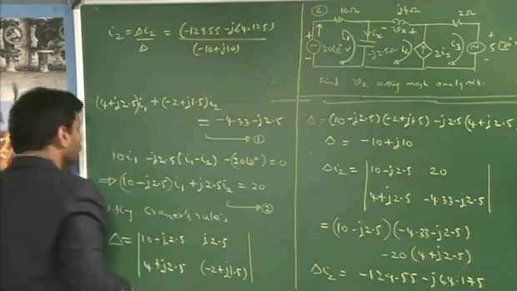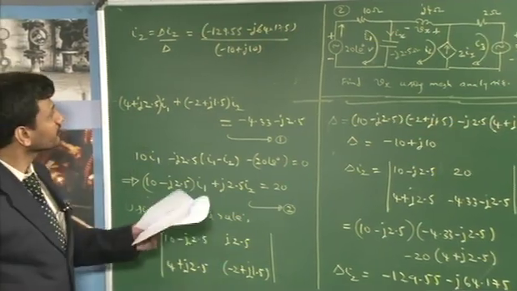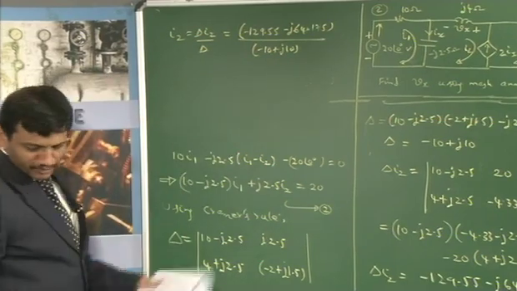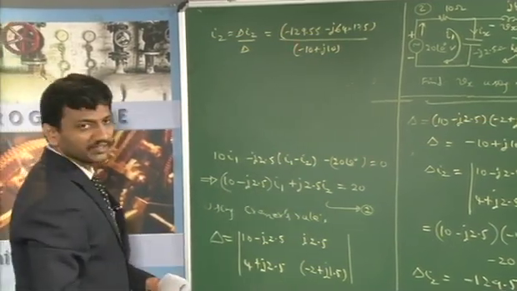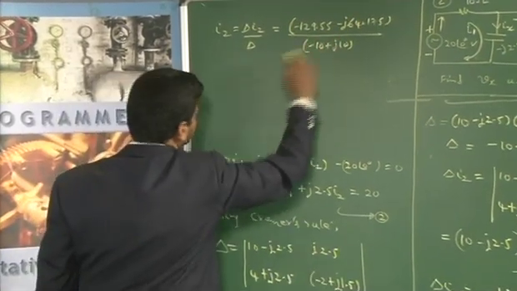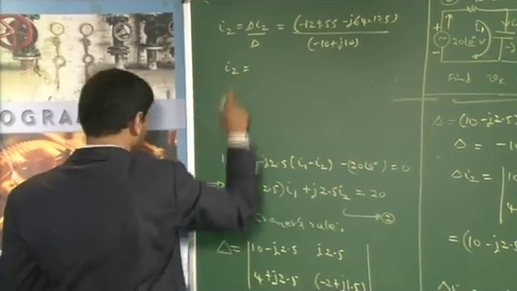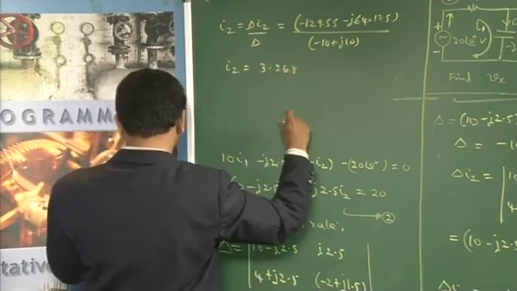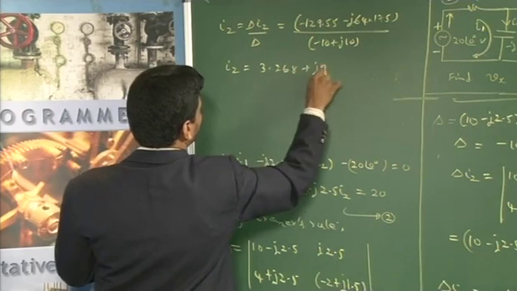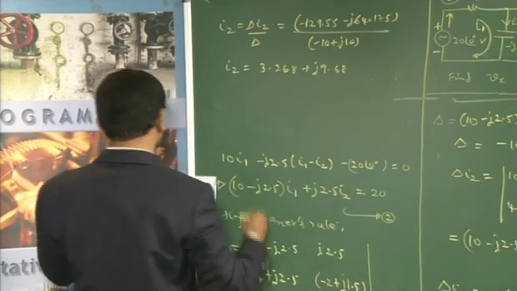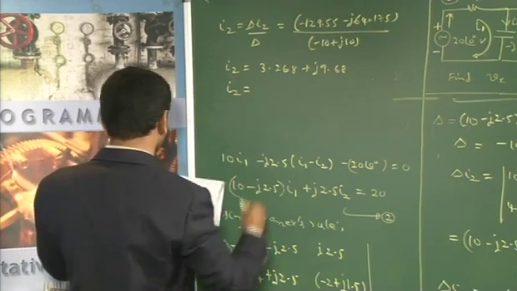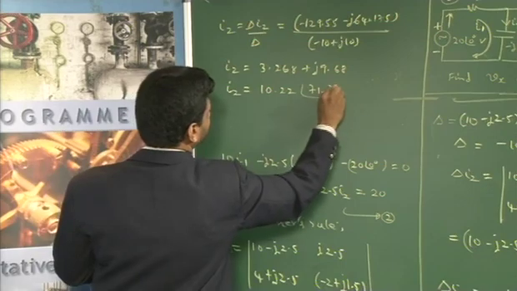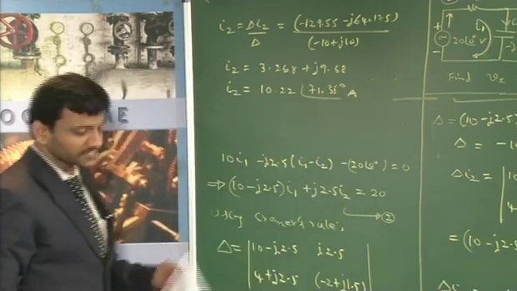Strictly speaking, when you take the division of complex numbers, it has to be in polar form, but your calculators can even do it when the complex numbers are in rectangular form. Only you have to use the brackets. Then I2 you will get as 3.268 plus j9.68, which in polar form can be written as 10.22 at an angle of 71.35 degrees amperes.